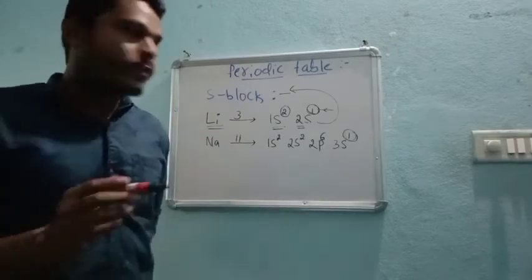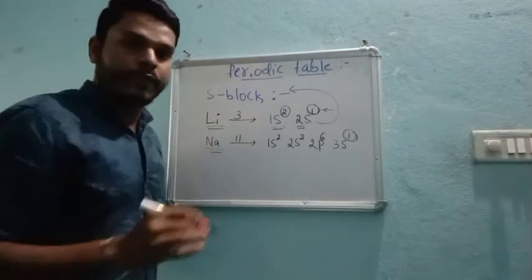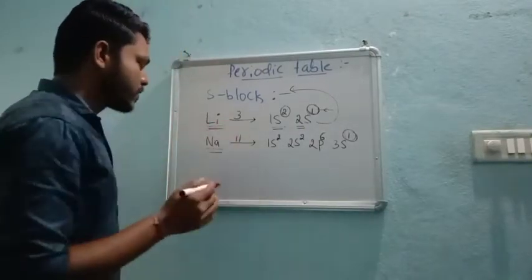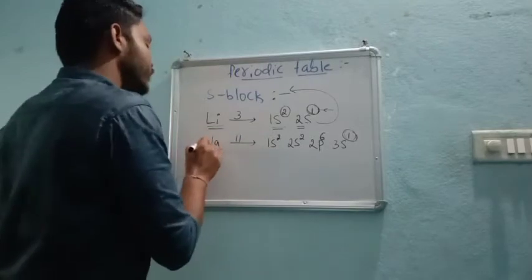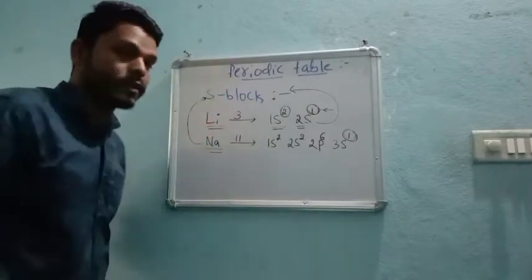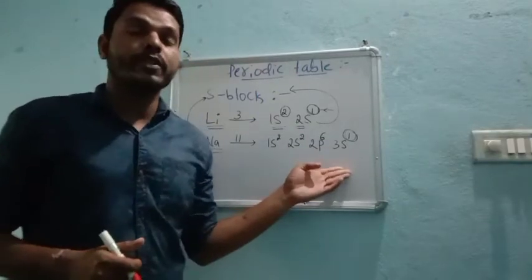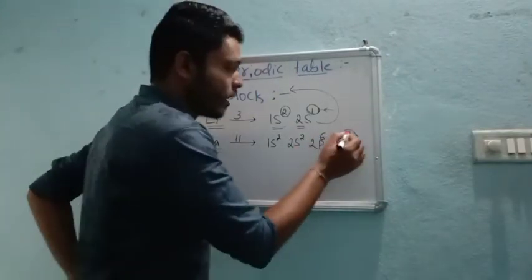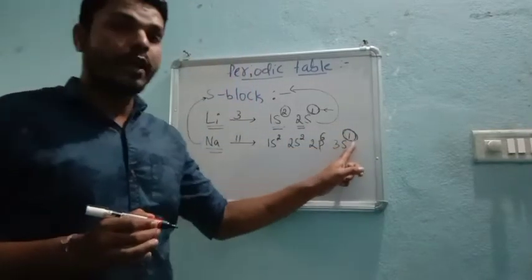So for sodium also, if somebody asks which group sodium belongs to, we can simply say s block element. Based on what? Based on the electronic configuration, or rather the differentiating electron.